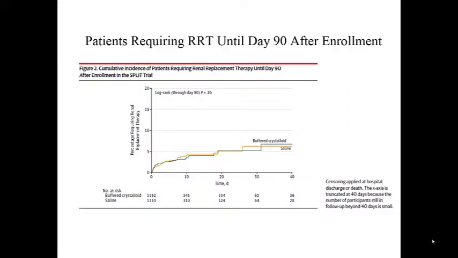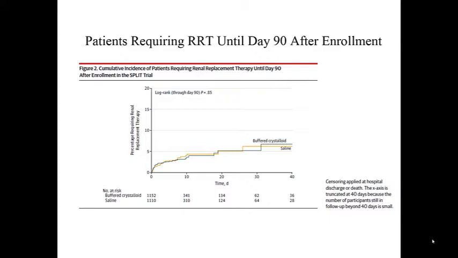As for the proportion of patients requiring renal replacement therapy up to day 90 after enrollment, in both the buffered solution and saline groups, you don't see any significant difference either.